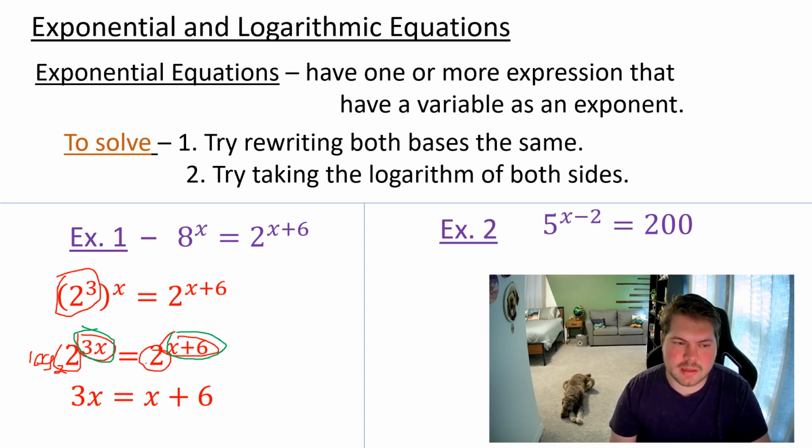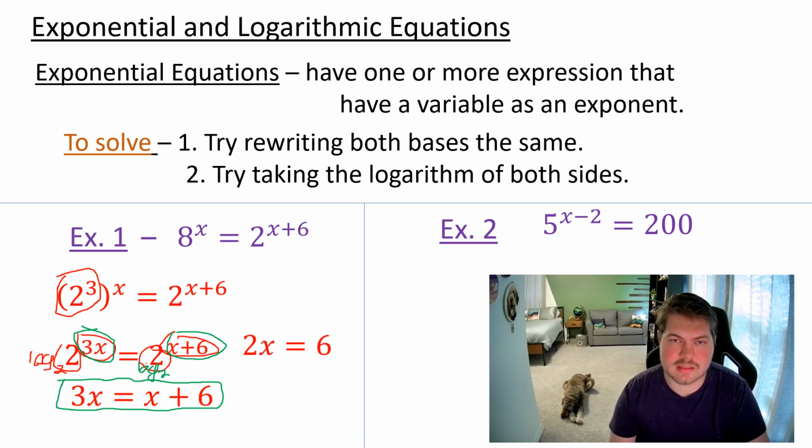I'll try to lay it out even better when we do the actual assignment. Just for sake of room, I didn't put log base 2 on both sides. But if you log base 2 of both sides, all you're left with is 3x equals x plus 6. And then you solve. So you subtract x, and you get 2x equals 6.